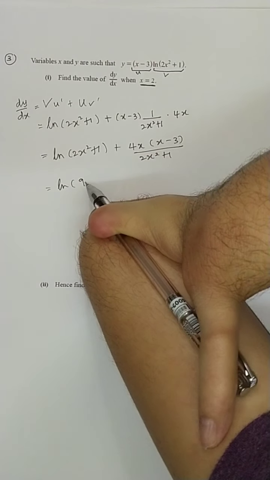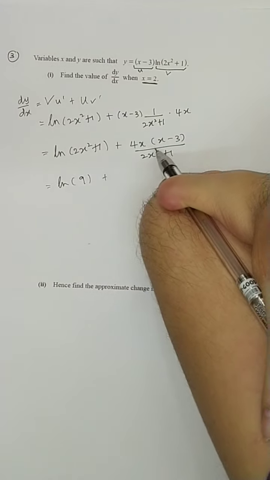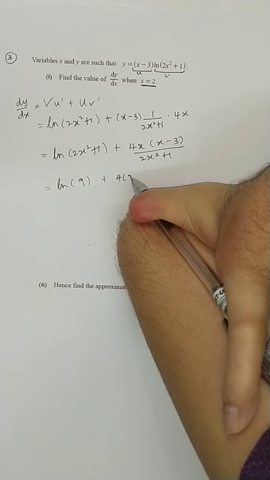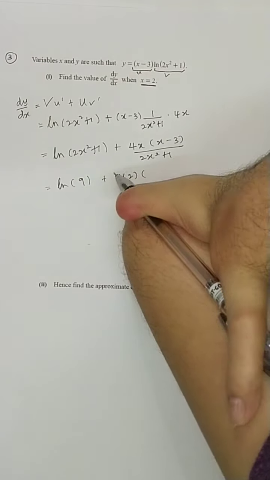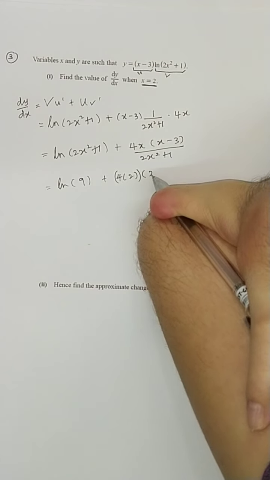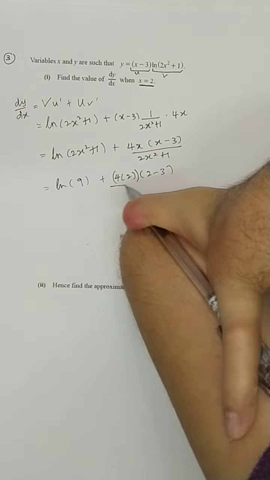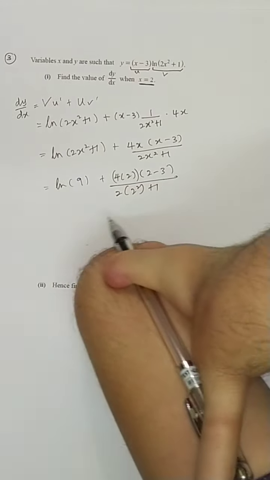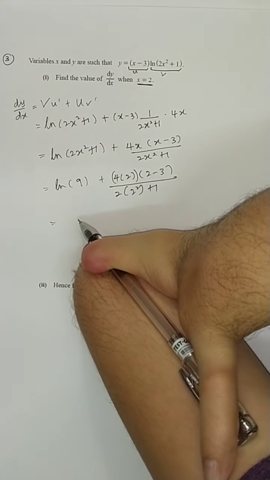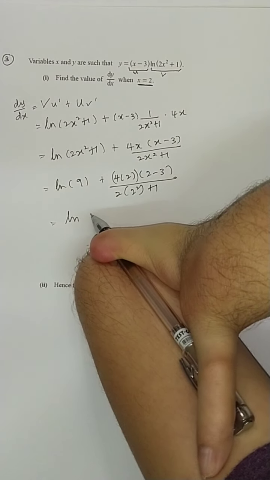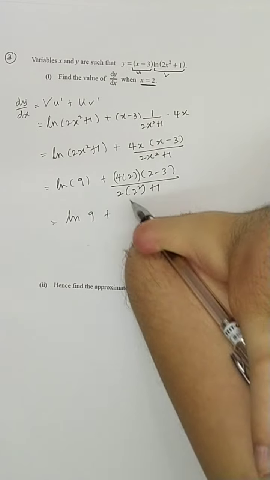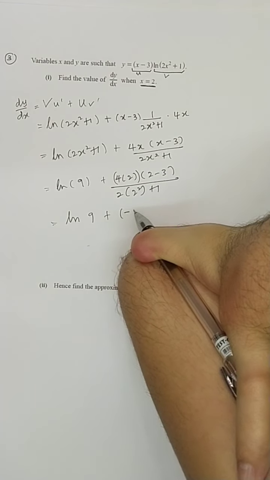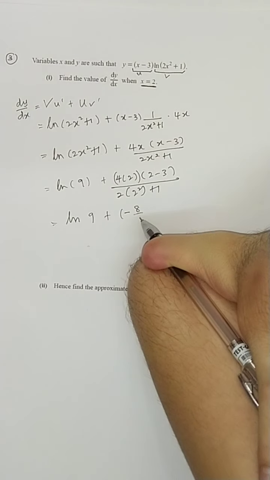So we get ln 9 plus, substitute 2 inside here. So you will get 4 multiplied by 2 in bracket 2 minus 3, over 2 squared times 2 plus 1. So simplify, our final answer is ln 9 plus, simplify this one, you will get negative 8 over 9.